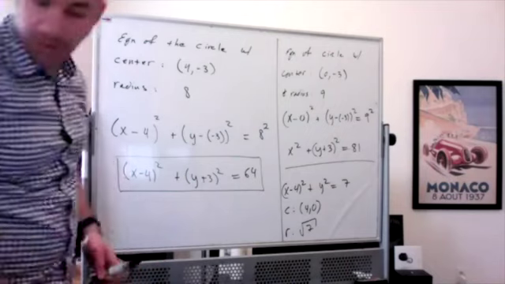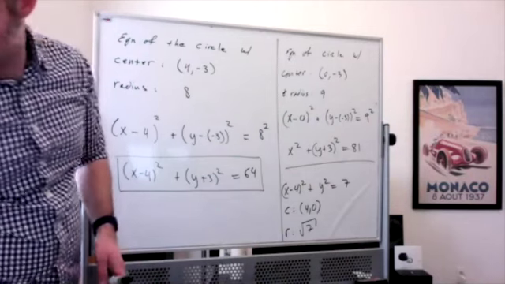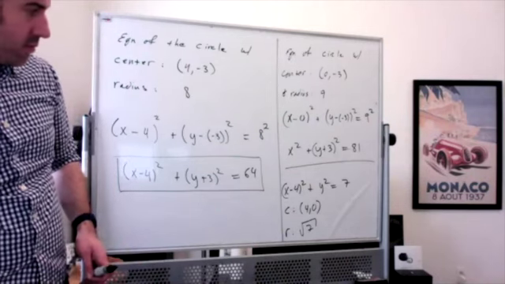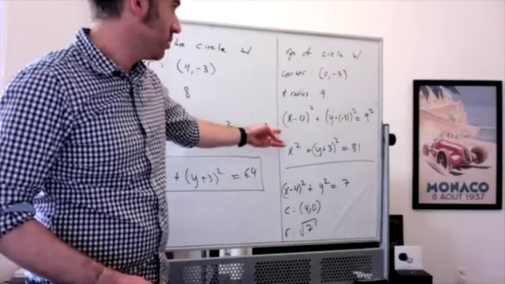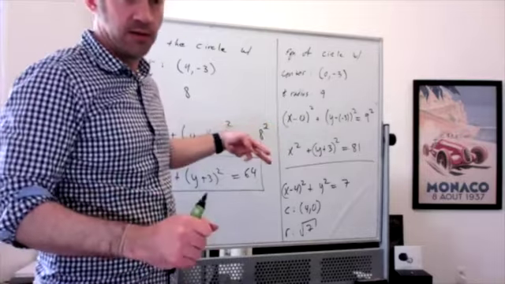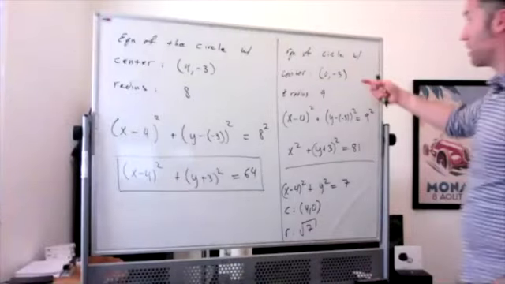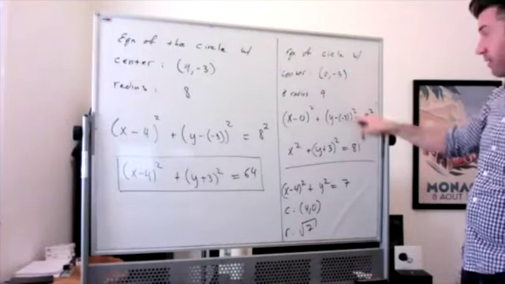James, I have a quick question. Go ahead. So the center on that problem would be 0 and +3? Which one? This one here? Yeah, that one. No, it's 0 and -3. Right. So in fact, we were given the center and we found the equation.